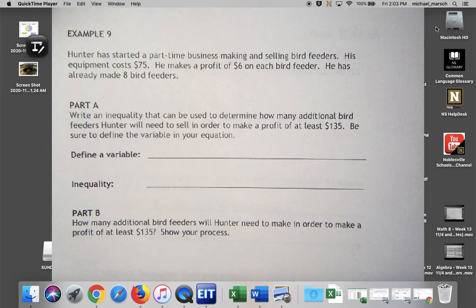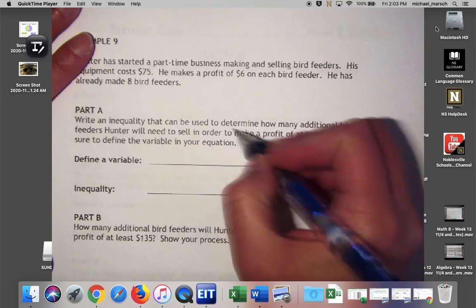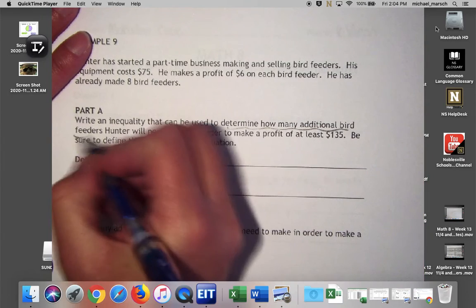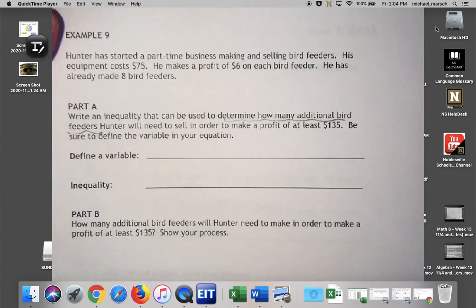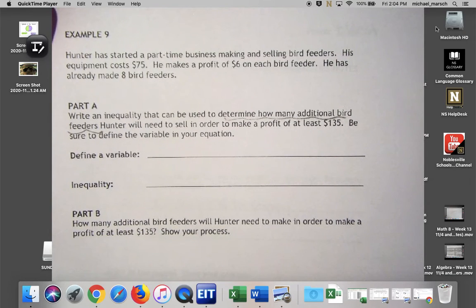Layers of fun. Okay, so he's starting a part-time business, making and selling bird feeders. His equipment costs $75. He makes a profit of $6 on each bird feeder. He's already made 8 bird feeders. Write an inequality that can be used to determine how many additional bird feeders Hunter will need to sell in order to make a profit of at least $135.